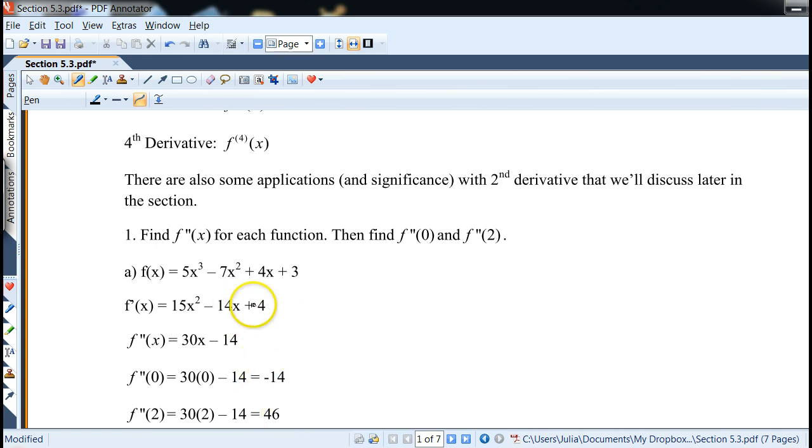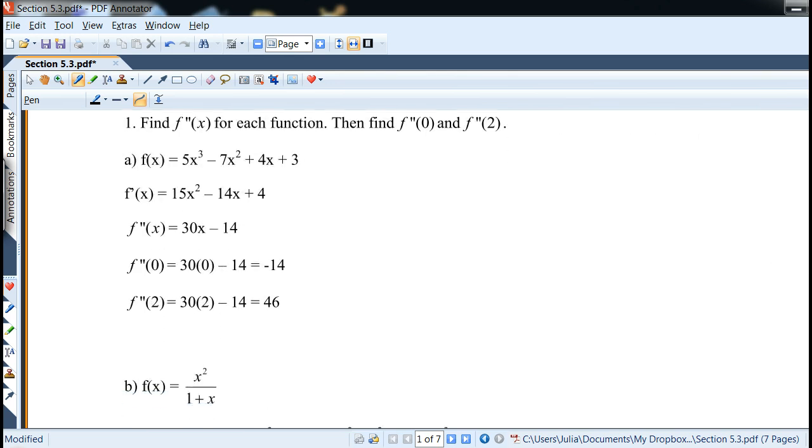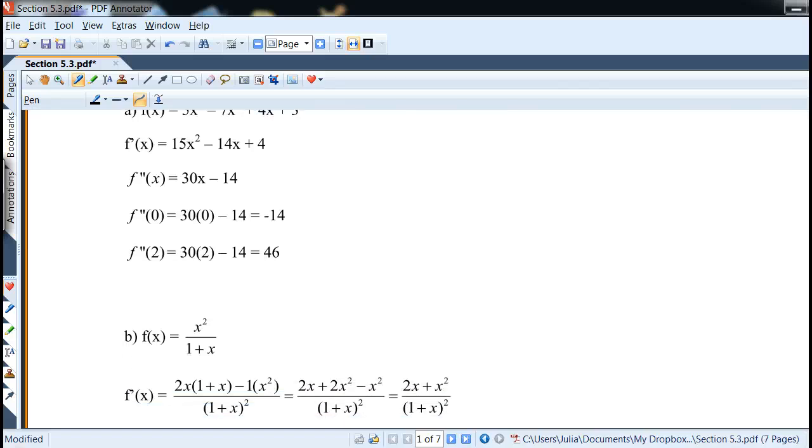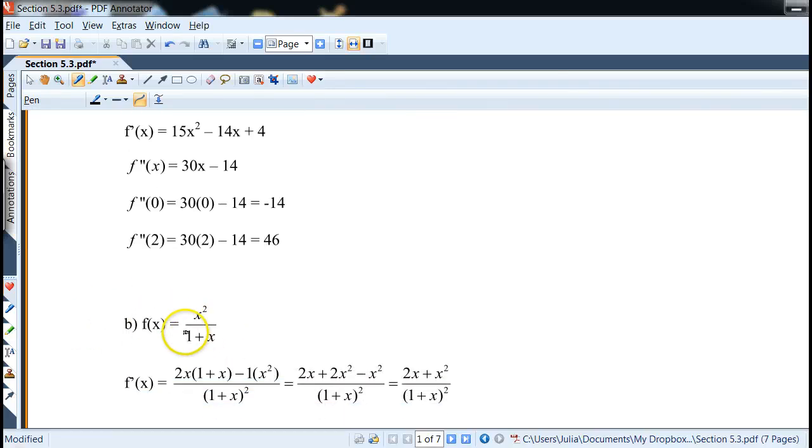So it's that simple for polynomials, but of course things get more challenging if we have something more complicated. Let's say a rational function. We learned how to take the derivative of this using the quotient rule in the previous chapter, which for the first derivative is what we can do. So let's try that. If you recall, for the quotient rule, I usually start with the denominator and square it.